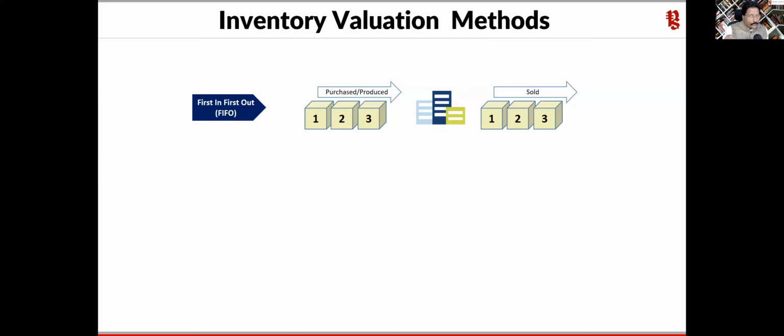So physically, how you handle this is a challenge, but from the system point of view, when you apply this method of inventory valuation, Tally, for example, allows you to select the inventory valuation method that you would want to adopt for your inventory items.